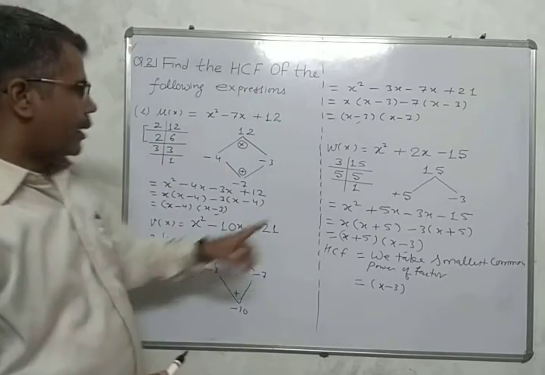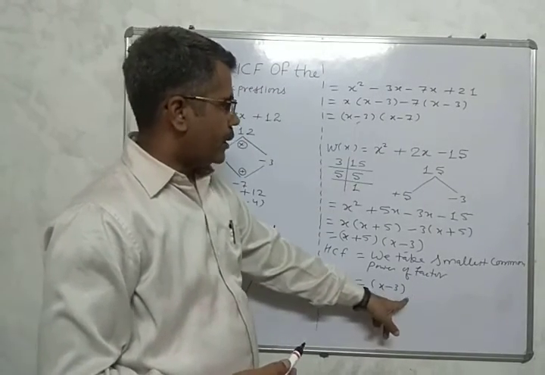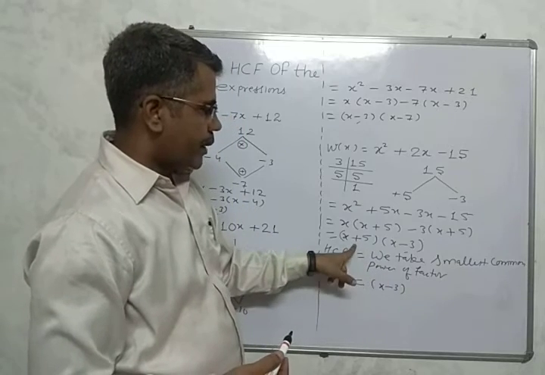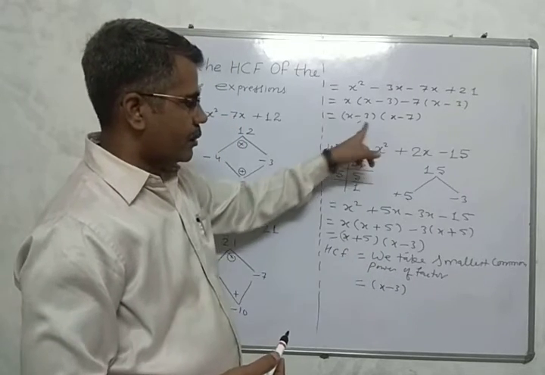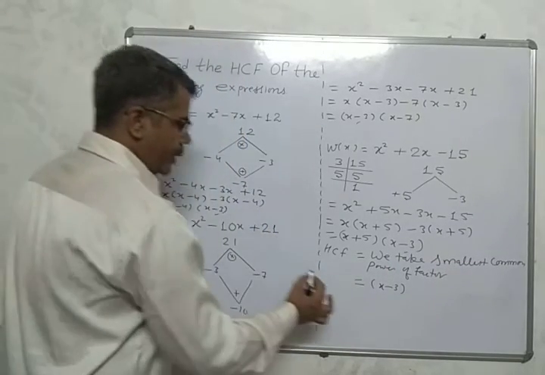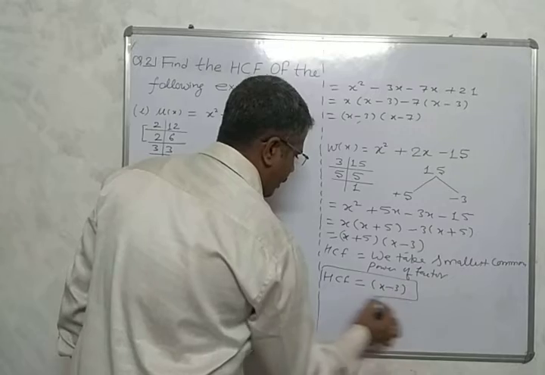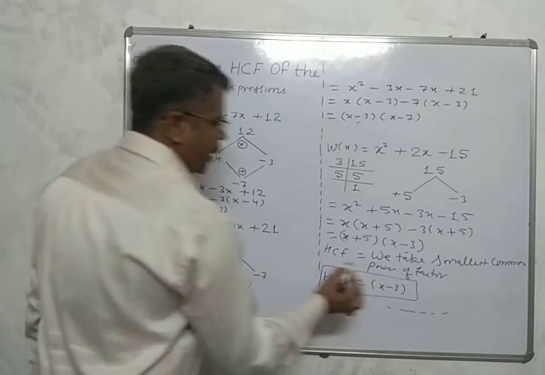Again x minus 7 is not common, so we do not write it here, and x plus 5 is not common, so we do not write it here. So the HCF of the given algebraic expressions is x minus 3.